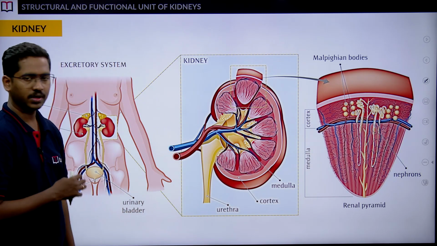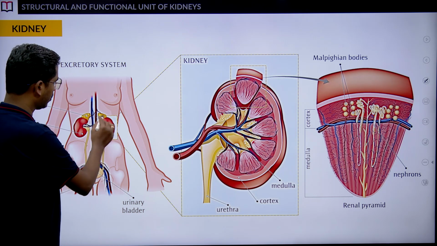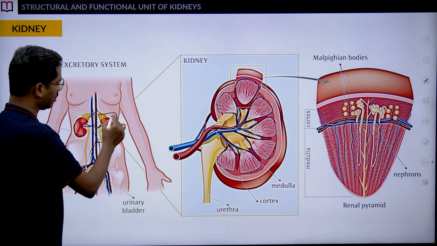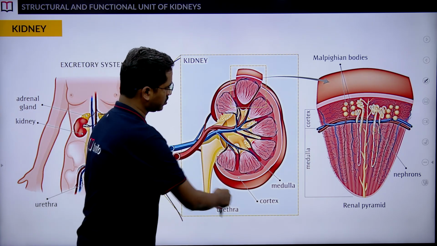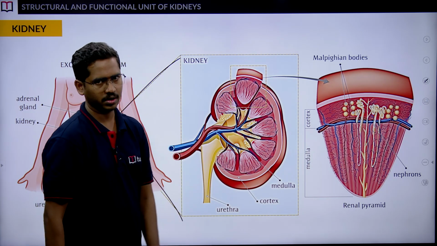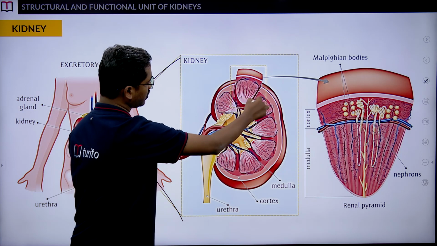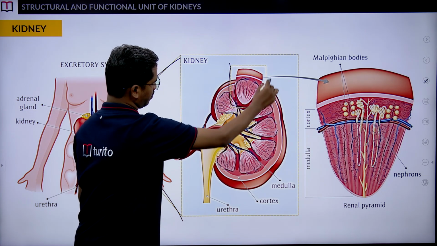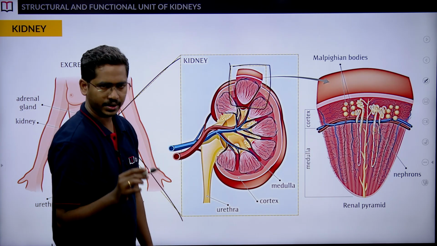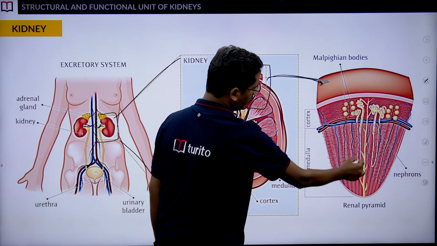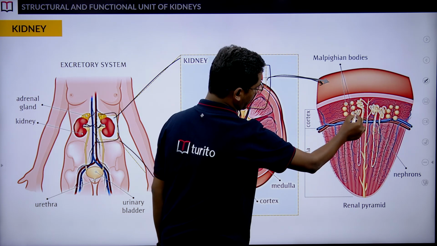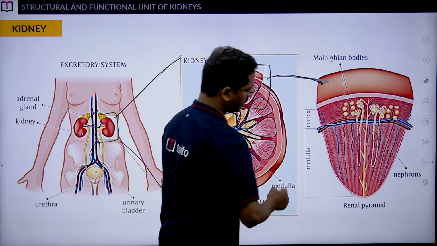It is the very same kidney you are looking at here. This is how the kidney is located, and when you enlarge it, you get this particular view. We just saw how this region is located. Now, in each of the pyramids you will see the arrangement of the nephrons. Can you see this? These are the nephrons arranged here.